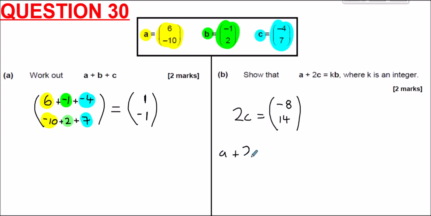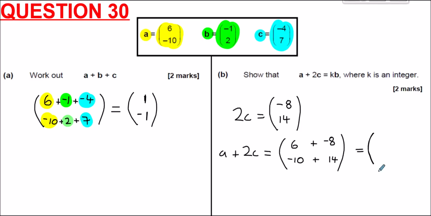And so A plus 2C, A is 6 minus 10, and 2C, we're going to just add on, so plus minus 8, and then plus 14.